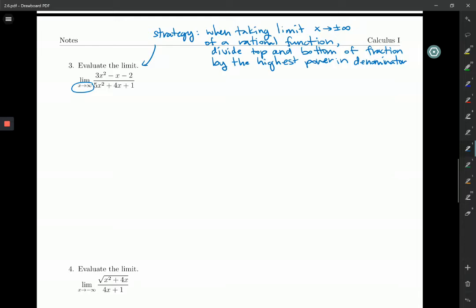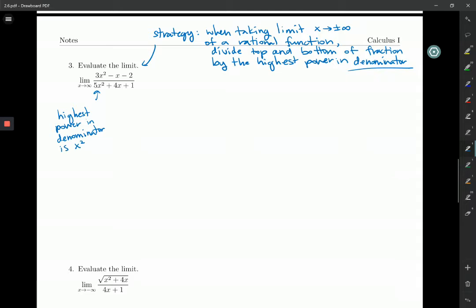So in this case, the highest power is that x squared. So I'll write that here. It is important to remember that this is in the denominator, so you're not looking at the numerator. Okay, so highest power in the denominator is x squared.